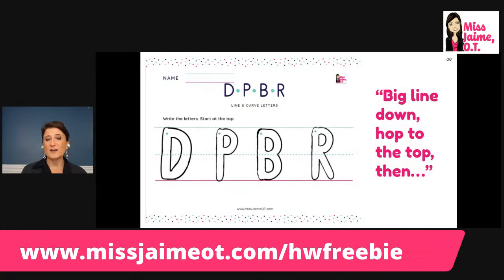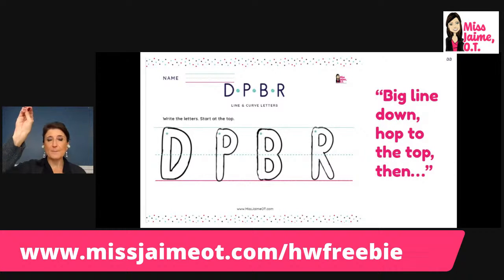So it's really important that our kids don't just do it any old way. We don't want them to go down for the letter D and then go around, because they're going to end up having it look like an O. And the same for B. When they make their capital B that way, they end up making their lowercase b that way. And then they end up having something that looks like a 6. So we do really want to follow formation.